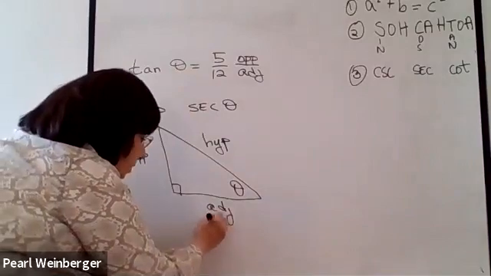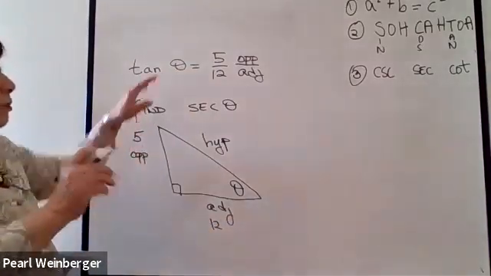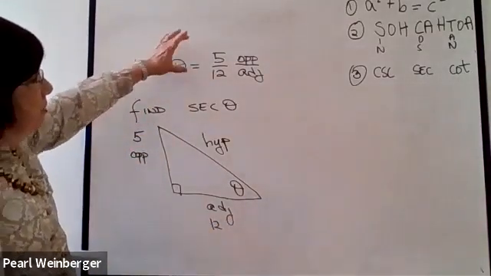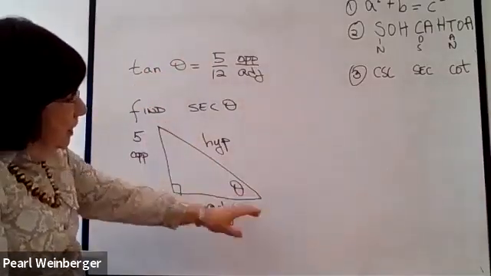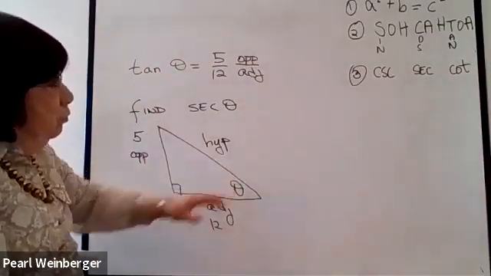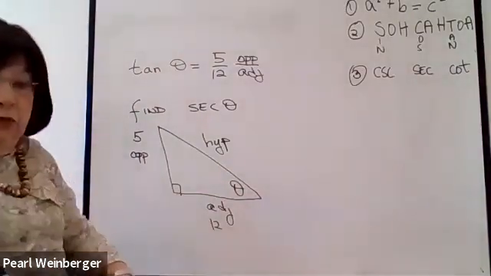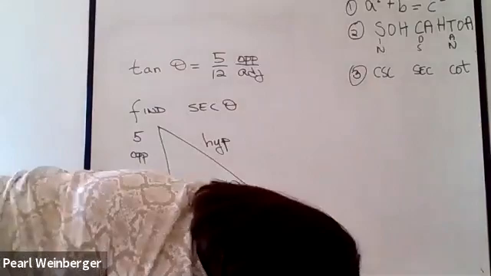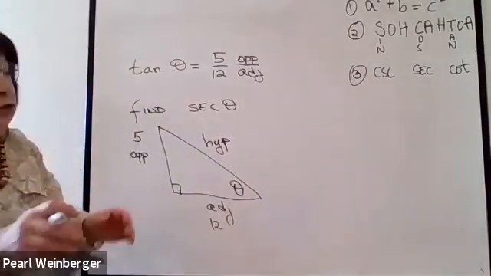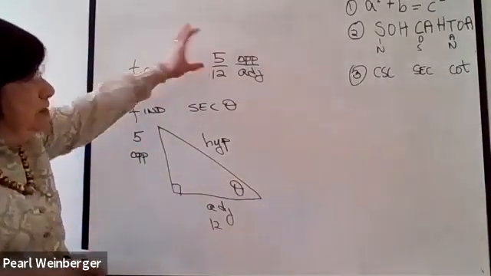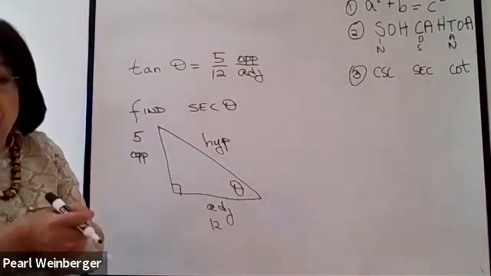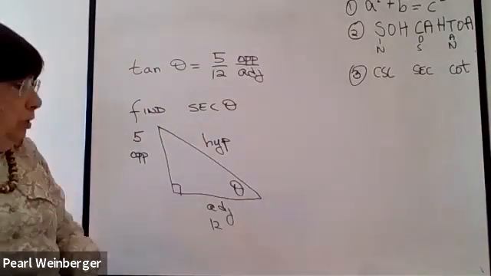And my adjacent side, I'm going to pick to be 12. In other words, by telling you that the tangent is 5/12, I've really given you all the information about the triangle that we're going to be working with. I don't have to draw the triangle. I just have to tell you this. And it's giving you basically all the information on the triangle.